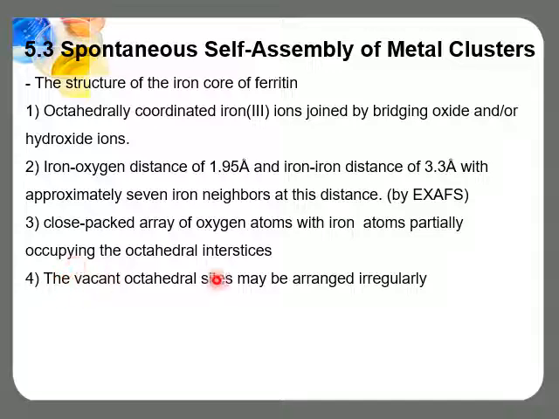The vacant octahedral sites may be arranged irregularly. The vacancy effect is possible in biological systems because, of course, in solid-state chemistry, in nature, iron oxide has vacant site effects. But anyway, there exists a vacant site, and it is arranged irregularly.